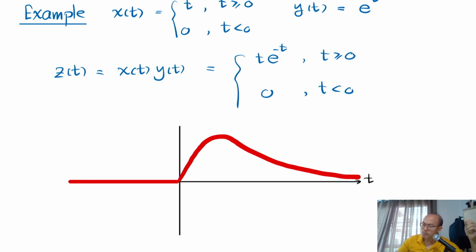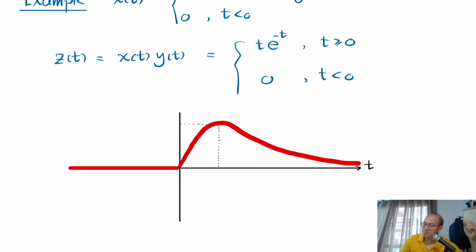Okay, and where exactly does this happen? Okay, where the maximum value of z occurs, where does this one occur, the maximum value of z?